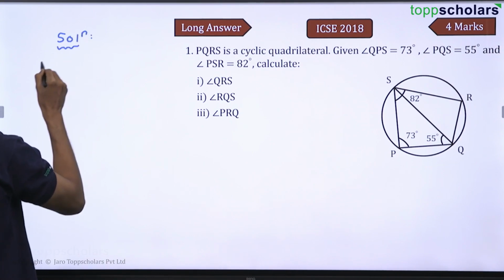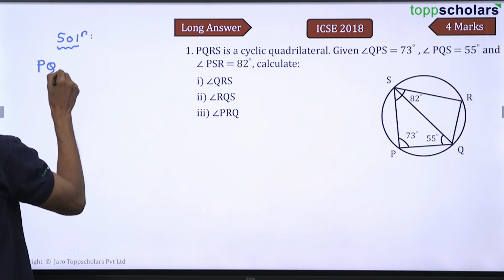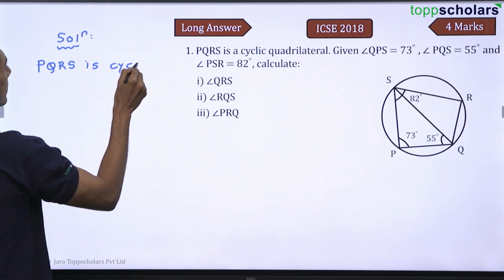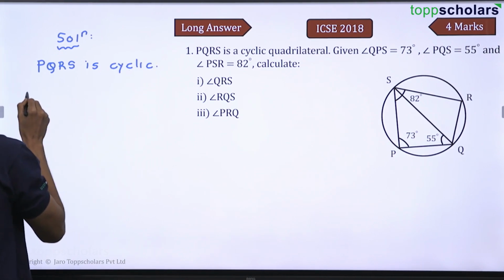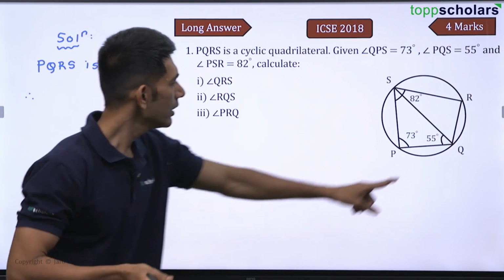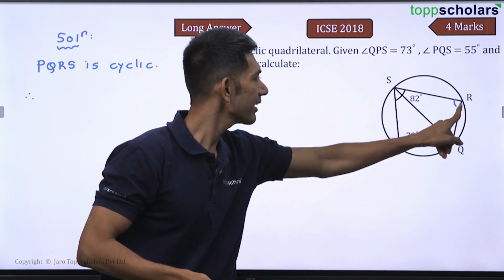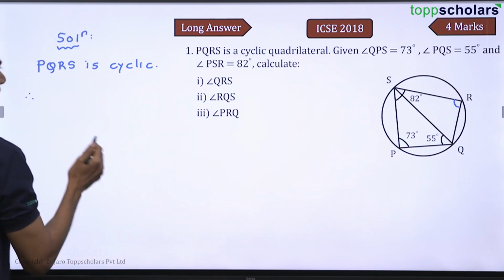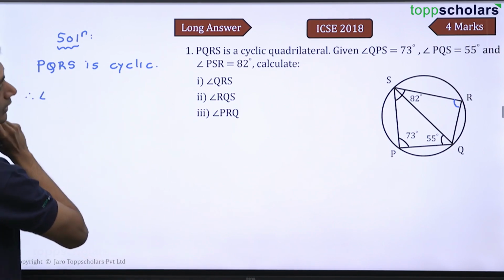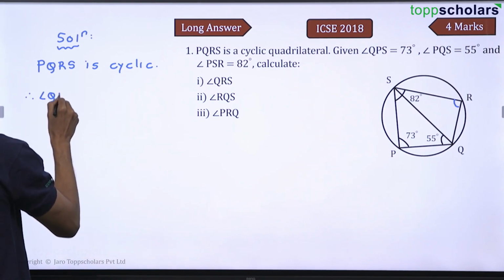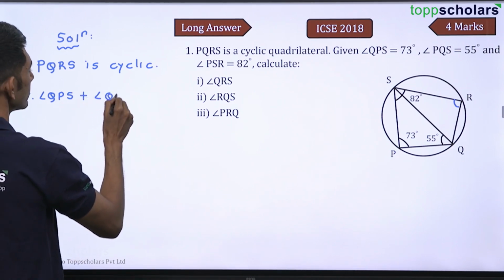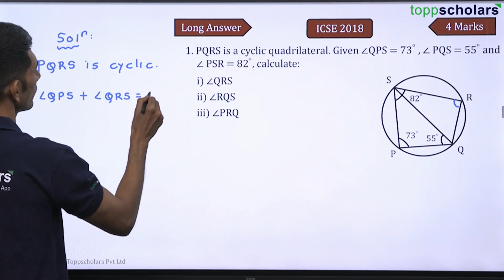So already it is given that PQRS is cyclic, right? Therefore, angle SPQ or QPS plus angle SRQ or QRS, same thing. I have QPS plus angle QRS equal to 180 degrees.